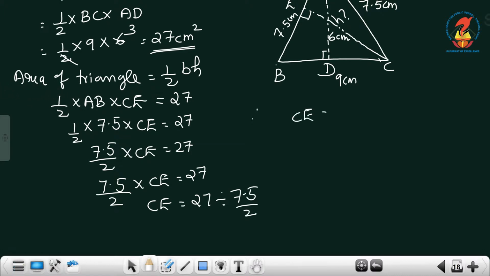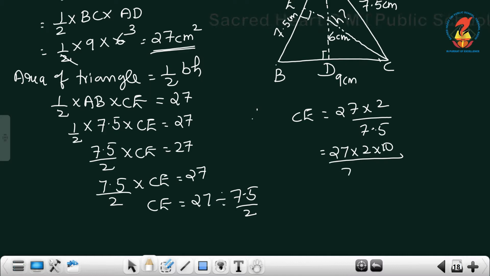CE equal to 27 divided by 7.5 by 2, equal to 27 into 2 by 7.5, equal to 27 into 2 into 10 divided by 75. You can remove the decimal point: 7.5 into 10.